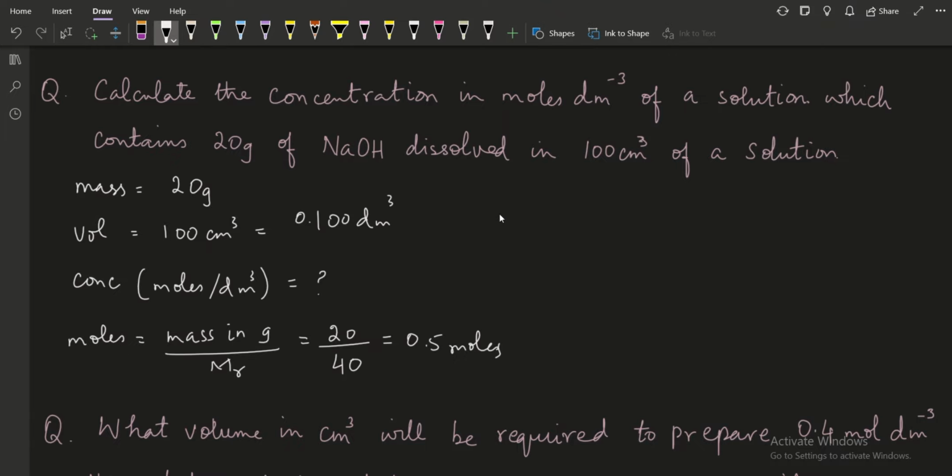Alright, now we just have to write the formula for concentration, which is moles over volume. Moles are how much? It is 0.5 moles, and the volume is 0.1. So concentration will be 5 moles per cubic decimeter.